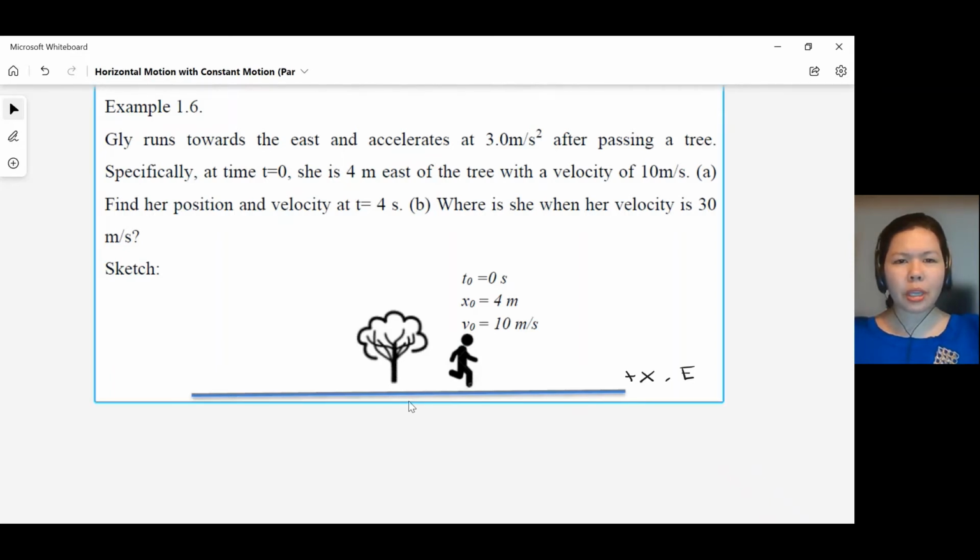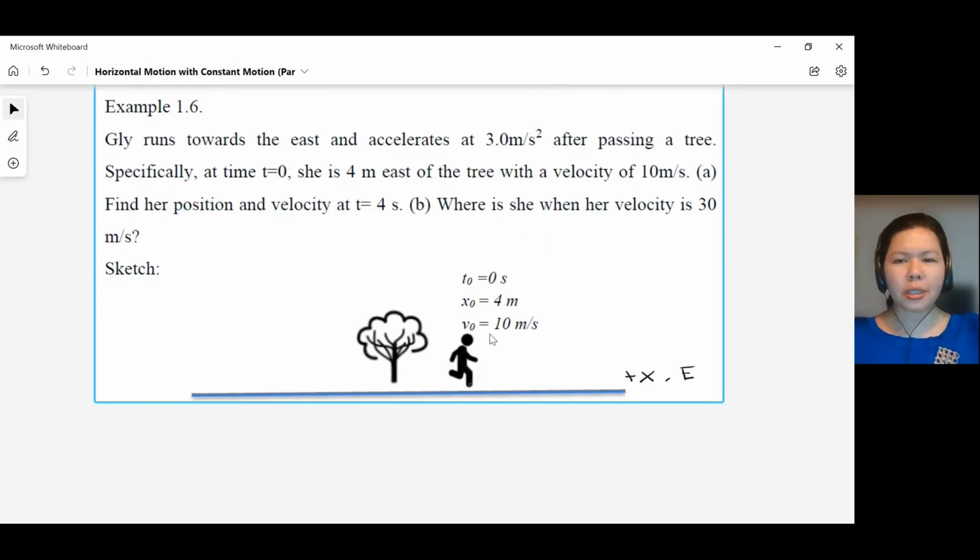So we have here the sketch. Glai is 4 meters to the right of the tree at t naught equals 0. So x naught is positive 4 meters because we have assigned to the right, or to the east, as our plus x.